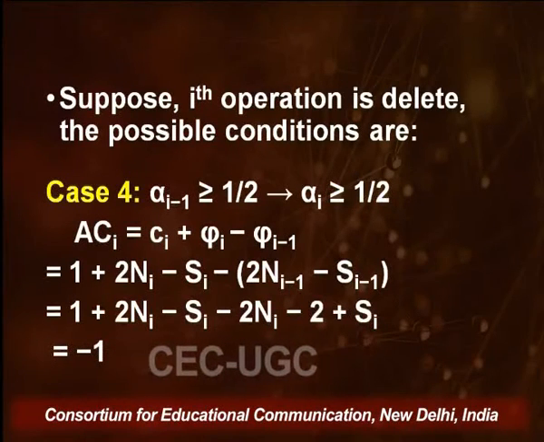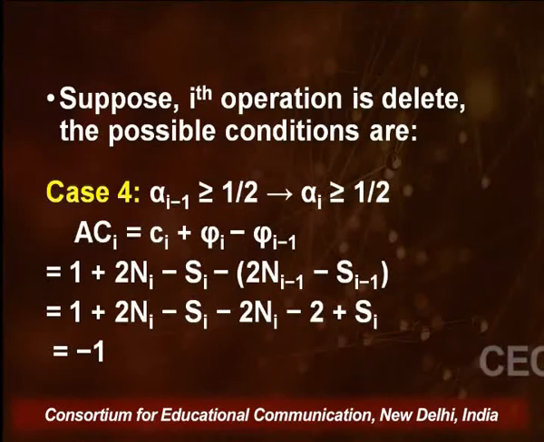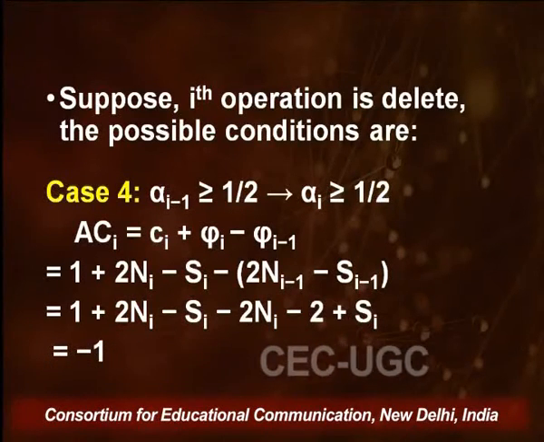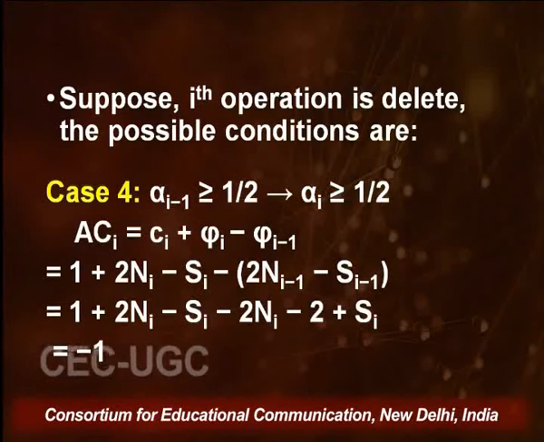So, case 4 says alpha i minus 1, which is the load factor, was greater than 1 by 2 before the ith operation, and after the ith operation it remained in the same category. That means it is greater than 1 by 2.